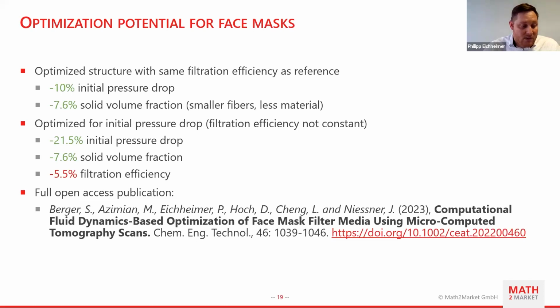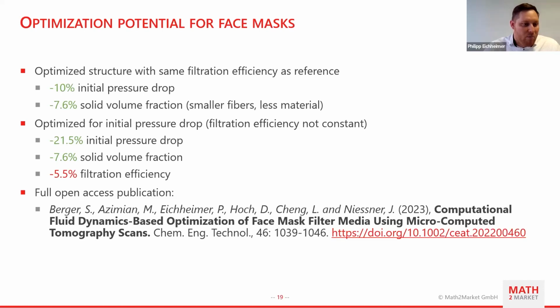But it depends on the scope you want to optimize. If you want to, for example, optimize purely on the initial pressure drop, we would take the second nice structure for the testing and manufacturing on the test bench. But if you just want to see, okay, we have an existing mask and how can we improve, we would definitely go for the first one.